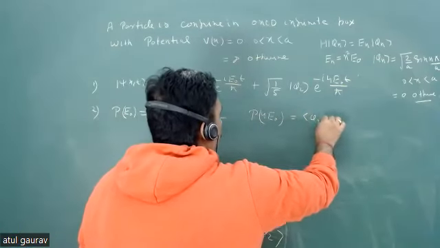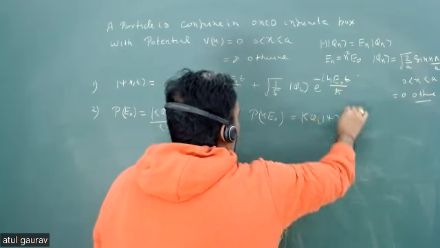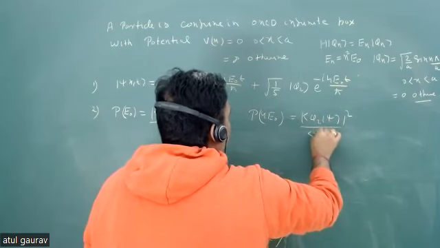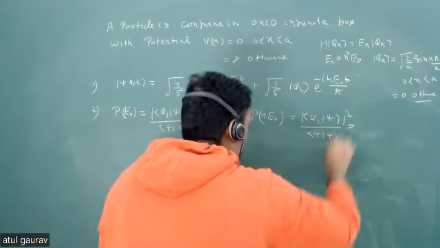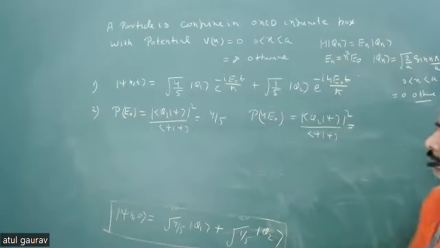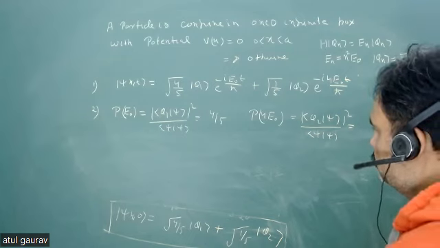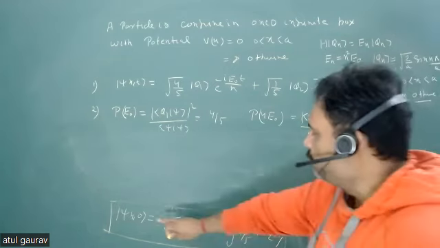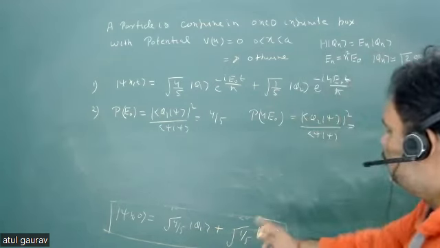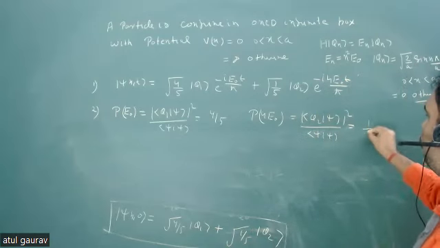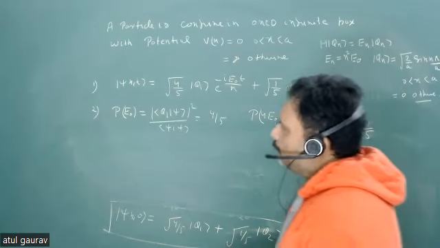That is phi2, psi mod psi square, psi and psi। क्या मिलेगा? 1/5. phi2 phi1 is 0, phi2 will survive, so that value is 1/5। So what is your average value of energy?